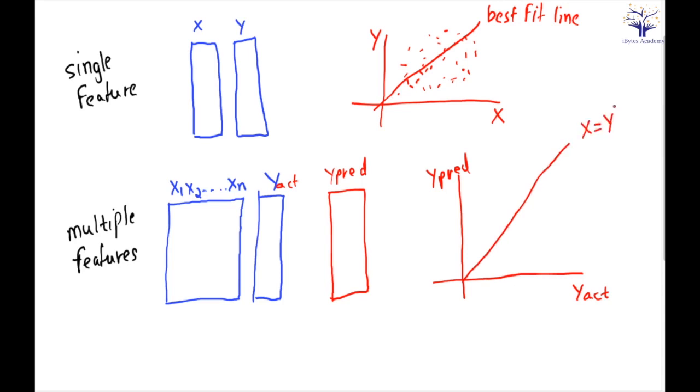But since in reality our algorithm won't be predicting exactly the same values, our values might be somewhere here and there, right?